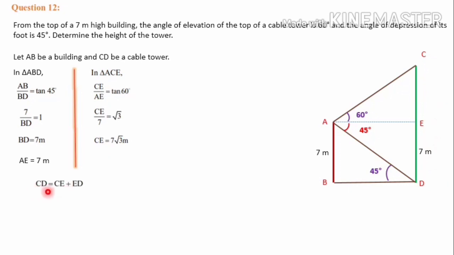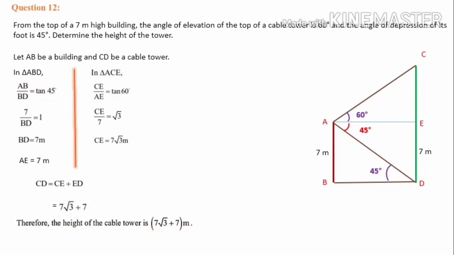So CD is equal to CE plus ED, that is 7 root 3 plus 7. If you want you can take 7 as common, or else you can just keep it as it is. So here I am keeping it as it is. The height of the cable tower is 7 root 3 plus 7 meter.